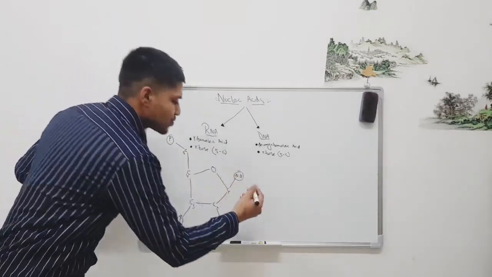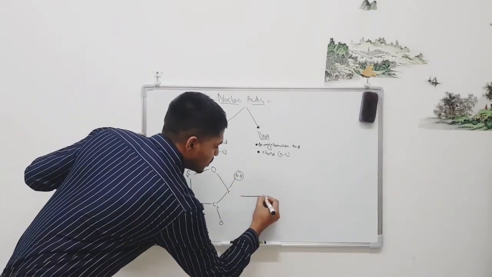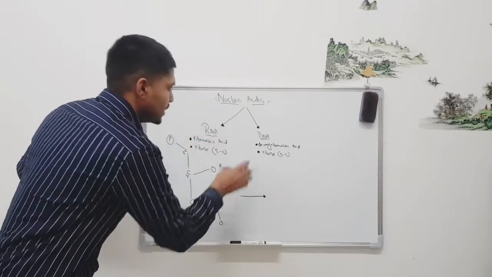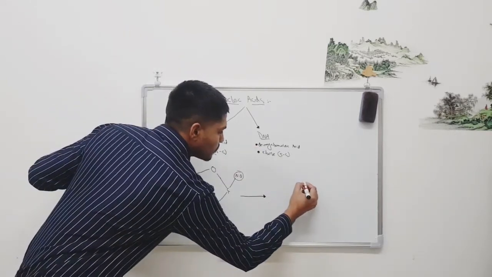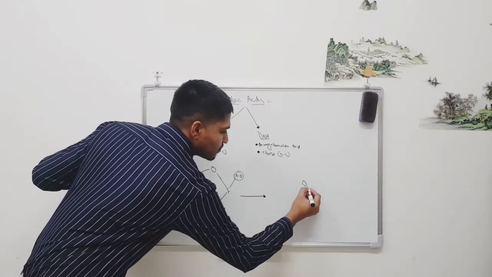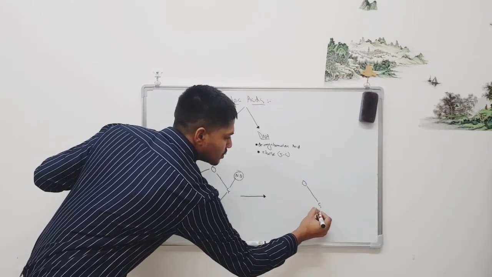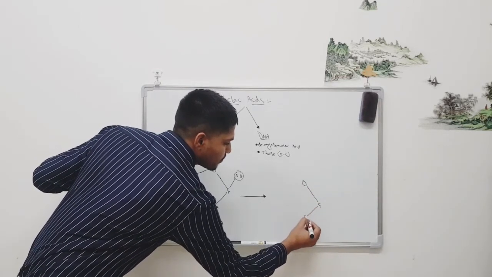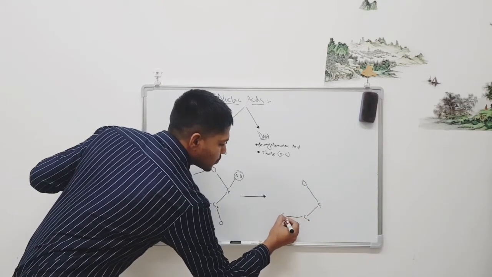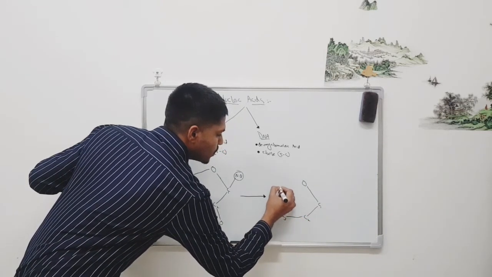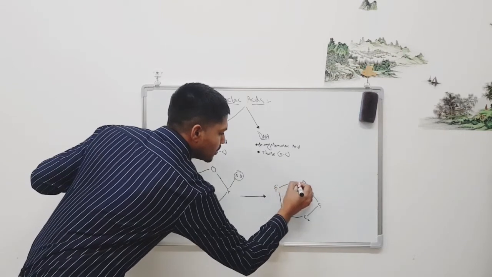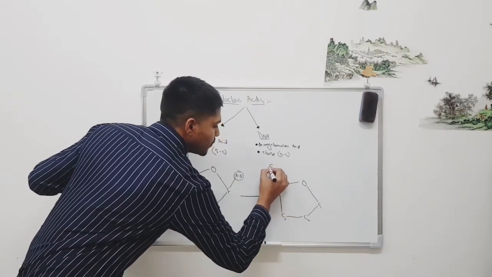Okay, now let's draw the structure for the DNA molecule. So here is the oxygen molecule, carbon number 1, carbon number 2, carbon number 3, carbon number 4, and carbon number 5.